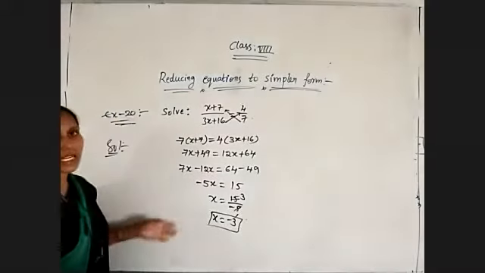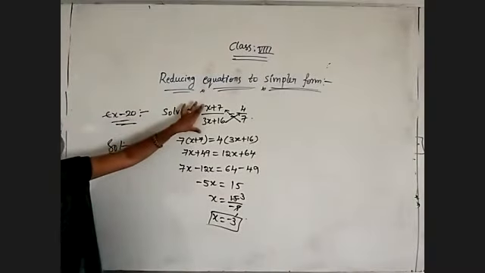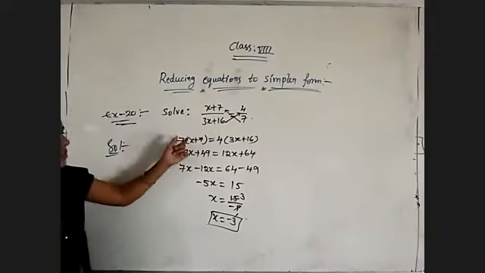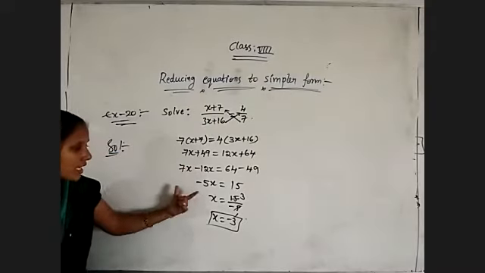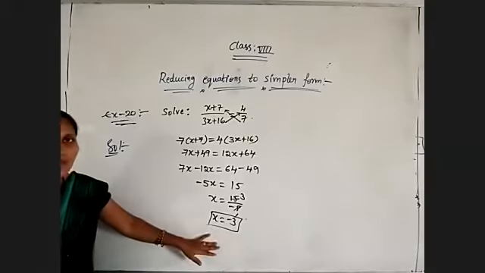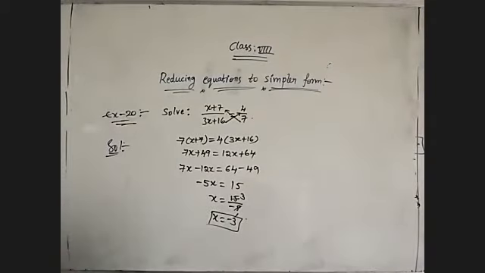That's all, we got the x value. The equations given are not in the simplest form, so we reduce them to the simplest form and solve to find the solution of the equation. Now coming to the next question.